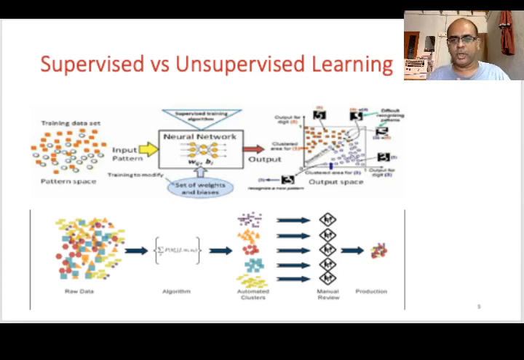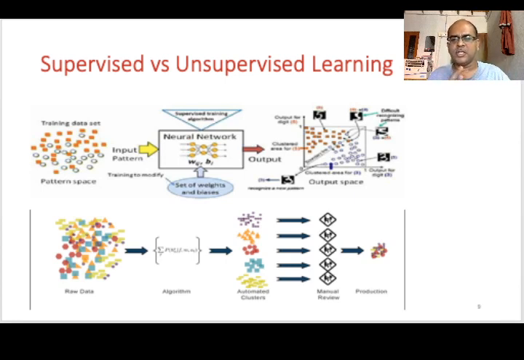I have already told you, I have some training data set. I have certain input patterns. I give it to a neural network. I do supervised training. Then you give the weights and other things. I get the output, that is supervised. Then I compare the outputs with the desired output, and then compute various statistical parameters.